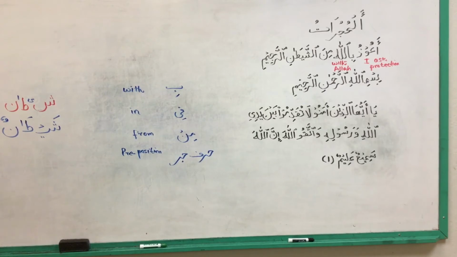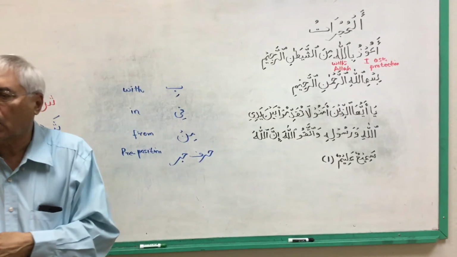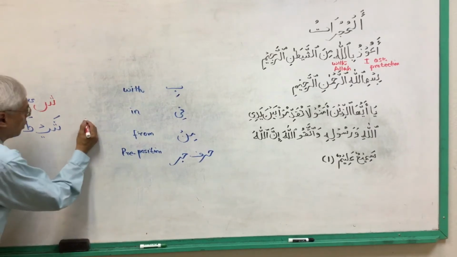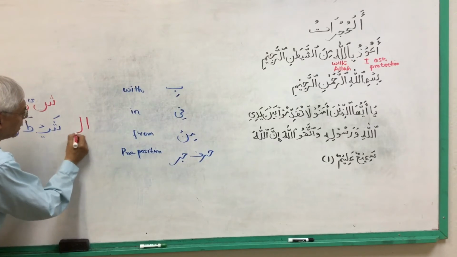One who is rebelling against something. So that is shaitanun. Always two dhammas at the end. Anybody who is rebelling is shaitan. Now you put al before that.